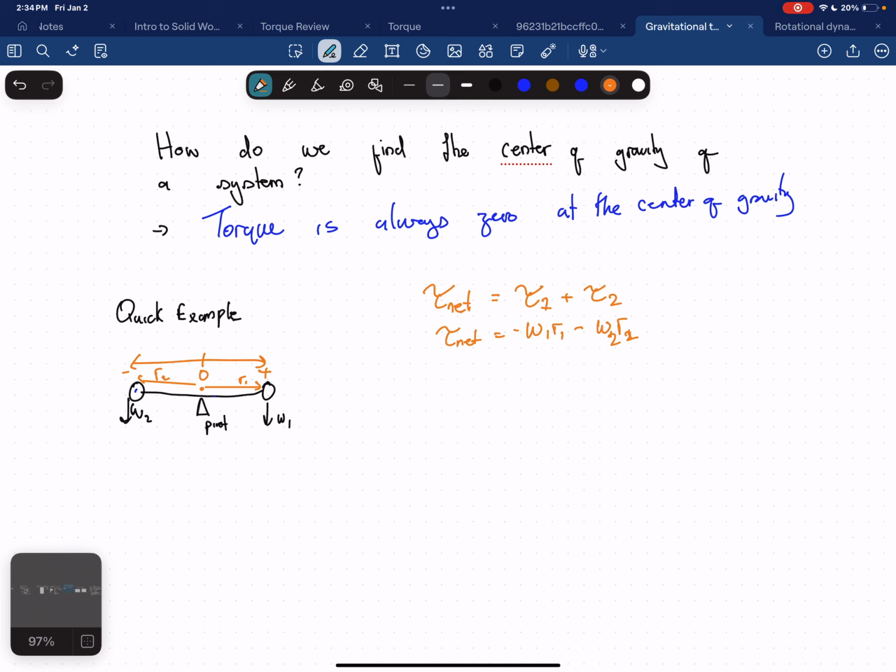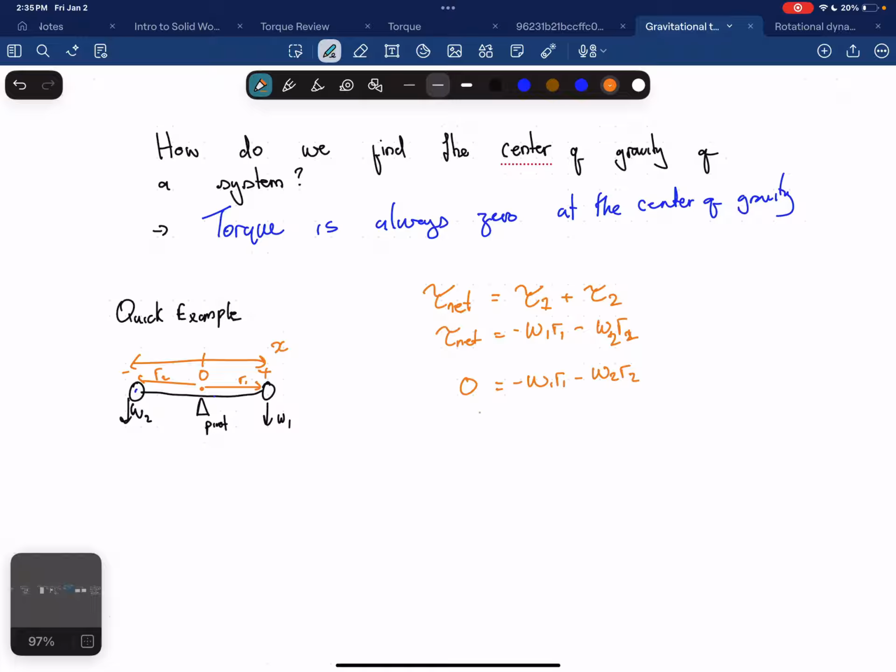So now, my torque is always 0 at the center of gravity. Right? So if I want to find the coordinate point, my net torque will be 0. It's going to be minus omega 1 R1 minus omega 2 R2. Right? So now, R1 and R2 are basically directions. And if I'm analyzing this dimensionally, I can call this my x-axis. I'll just call R1 x1 and R2 x2.